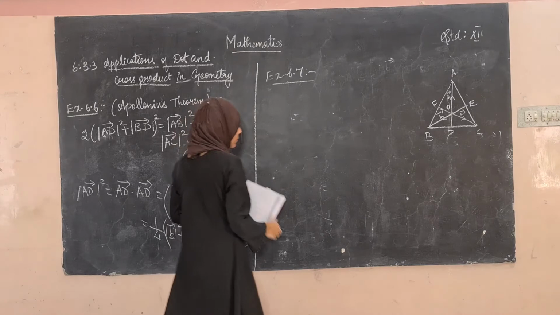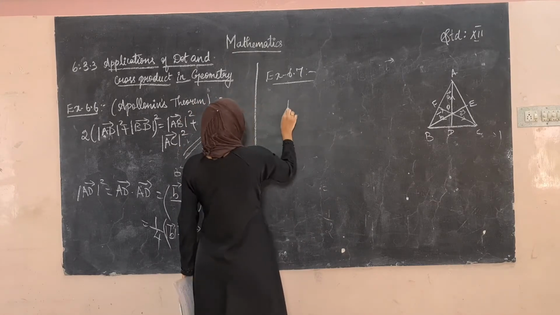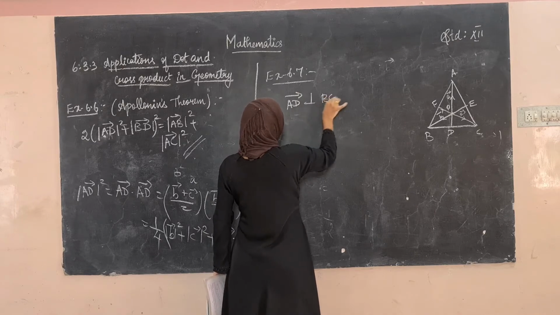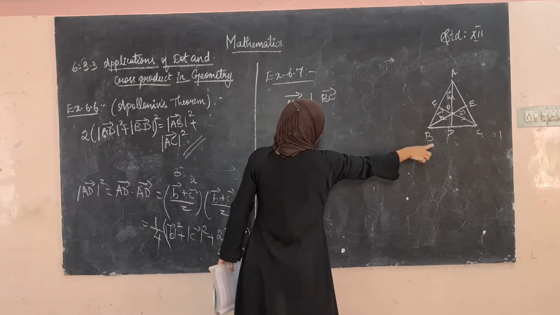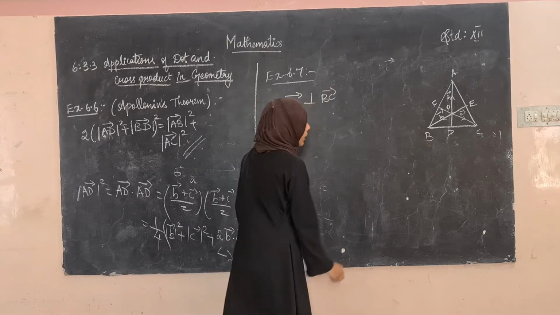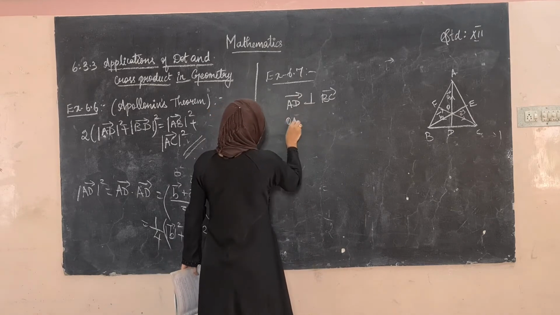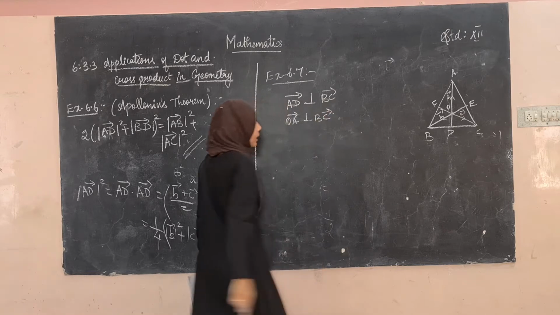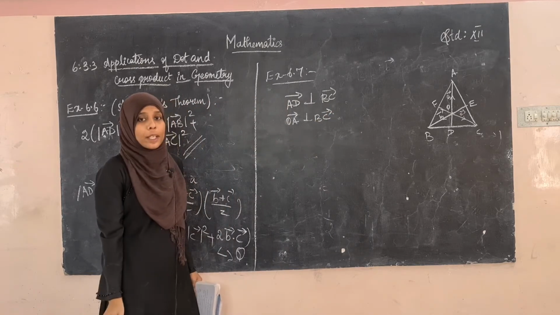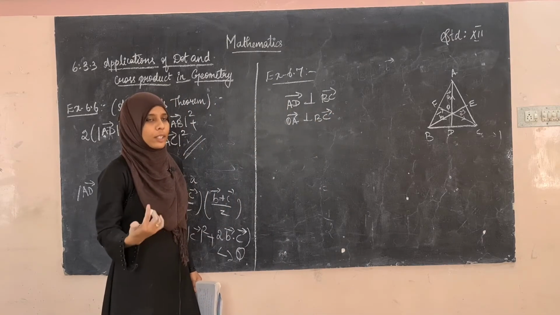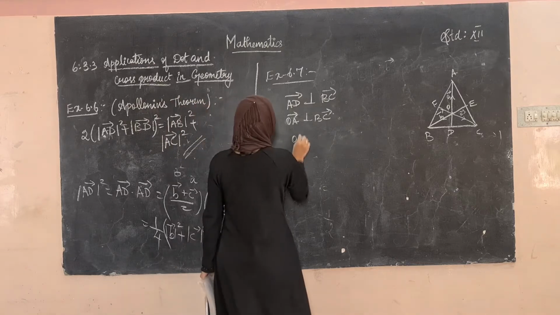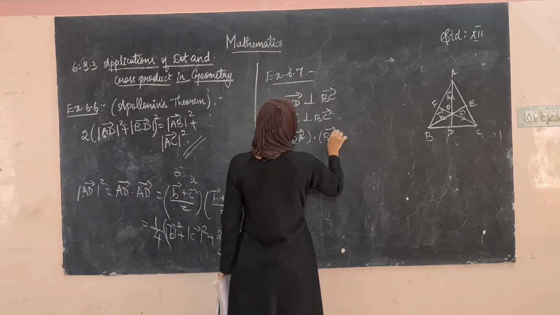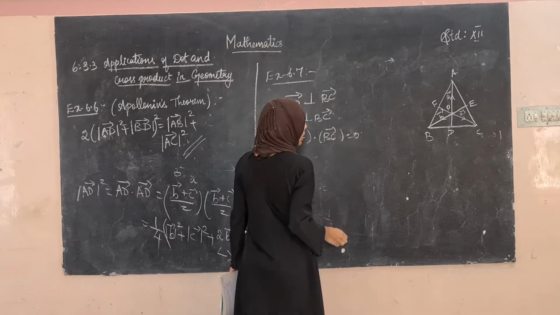Then from the diagram it is clear that AD vector is perpendicular to BC vector. Therefore OA vector will be perpendicular to BC vector. If two vectors are perpendicular, we know that their dot product will be equal to 0. That is, OA vector dot BC vector is equal to 0. What is OA vector?